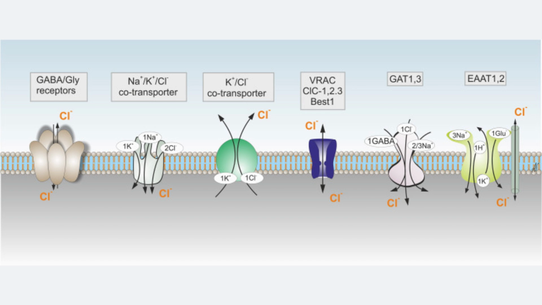Now, the combined effect of K+ efflux and Cl- influx is what generates the hyperpolarizing after potential that follows a spike sometimes. Thus, while Cl- channels do not create the upstroke of the action potential, they are one of the key components in shaping the neuron's return to a polarized resting state and inhibiting excessive excitability, of course.